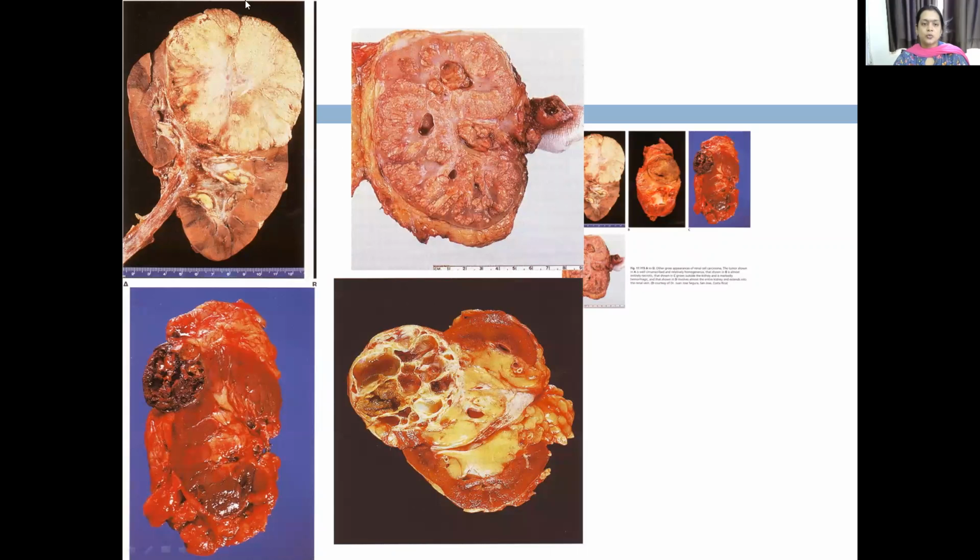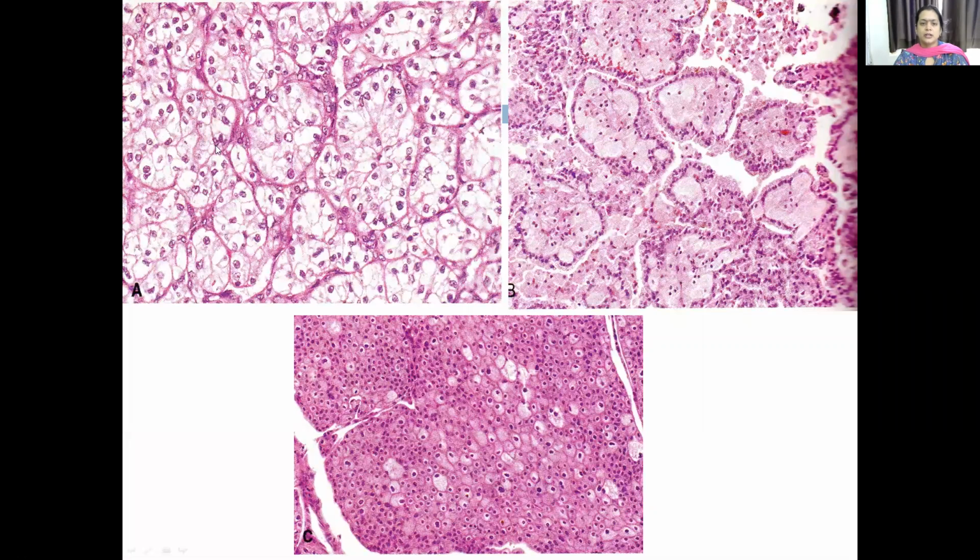So these are the gross features of the tumors. See this very large tumor, situated in the upper pole, almost reaching the middle pole, right? You see the tumor here and then the tumor here. The tumor is completely involving the whole of the kidney. So these are the gross types.